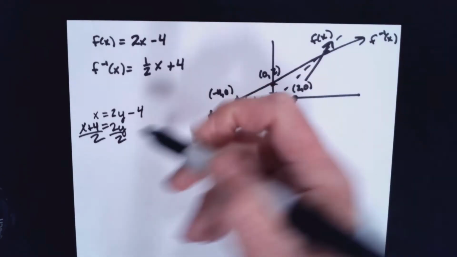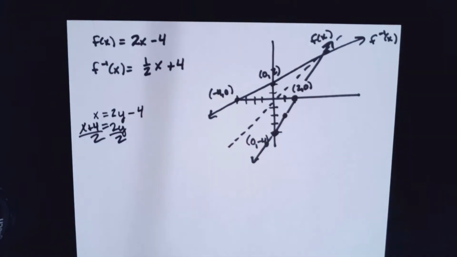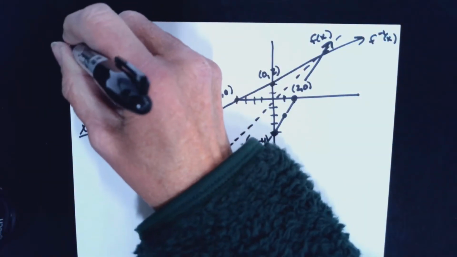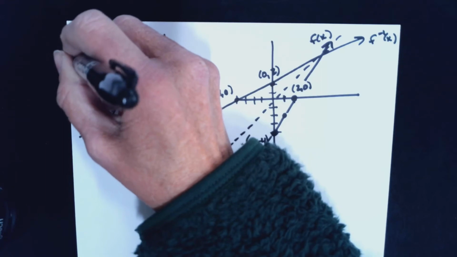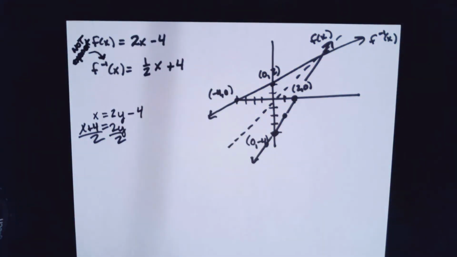And so we got our inverse here of 1/2 x plus 2, if we wrote that in y equals mx plus b form. And remember that notation, f negative 1, remember that negative 1 is not an exponent. That's not an exponent. It just means inverse.